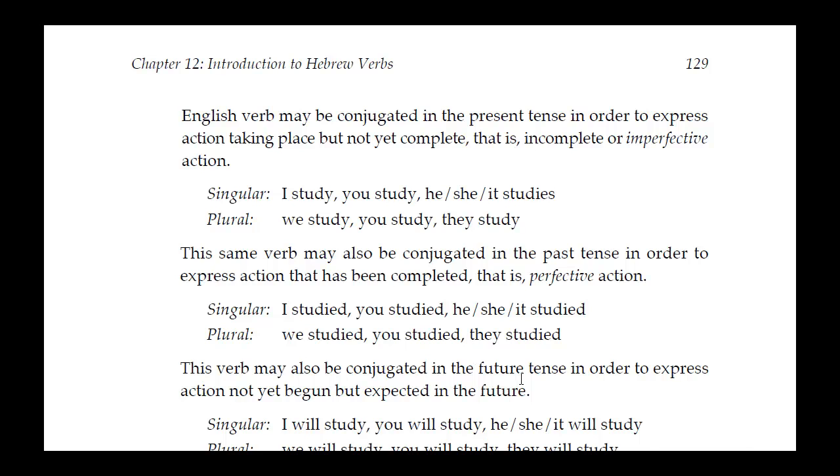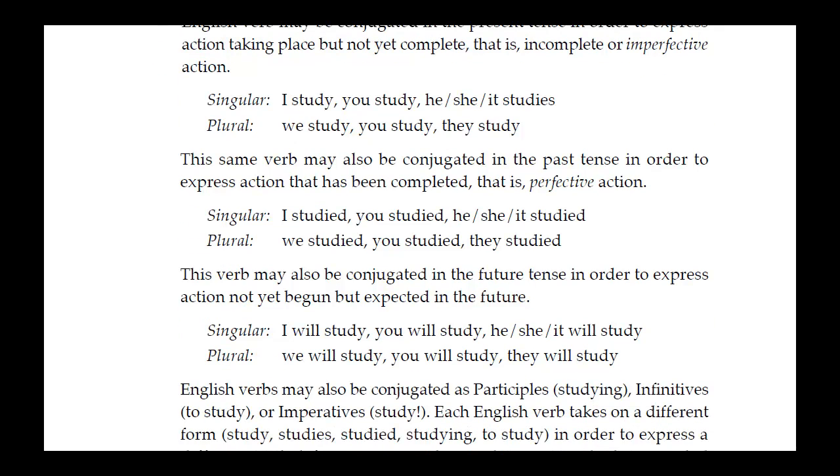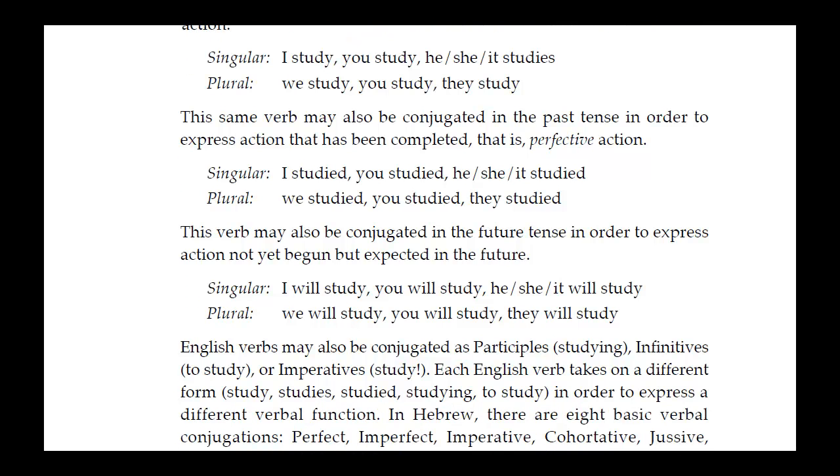Now, this verb may also be conjugated in a future tense in order to express action not yet begun but expected in the future. For example, in English we would say, I will study, you will study, he, she, it will study. In the plural, we will study, you all will study, and they will study. English verbs may also be conjugated as participles.